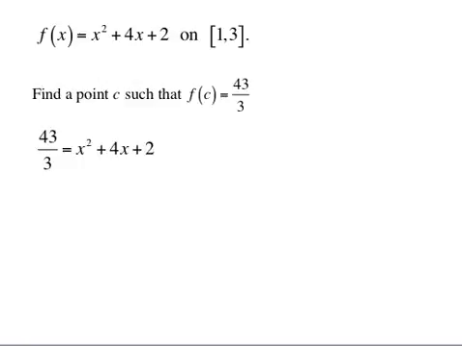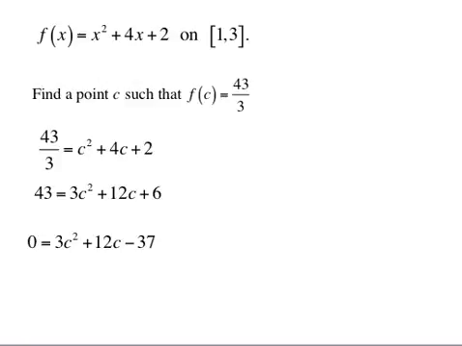And I, of course, should change that to c instead of x. So we have 43 over 3 equals c squared plus 4c plus 2. Multiply both sides by 3. That'll give me 43 is 3c squared plus 12c plus 6. And let's subtract 43 from both sides, which will give me 0 equals 3c squared plus 12c minus 37.